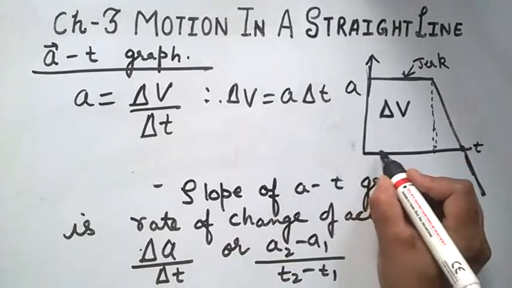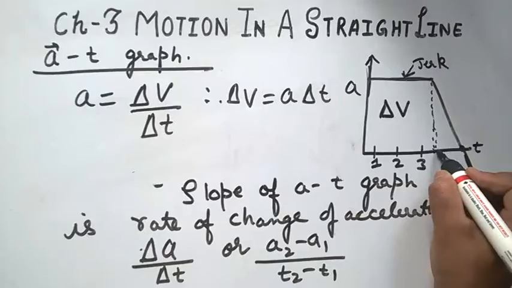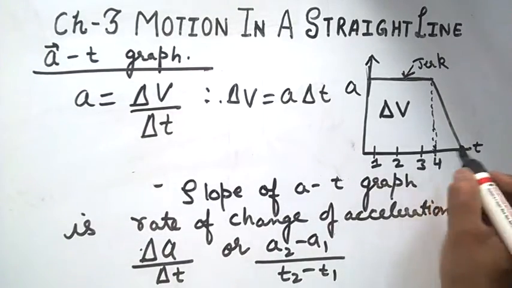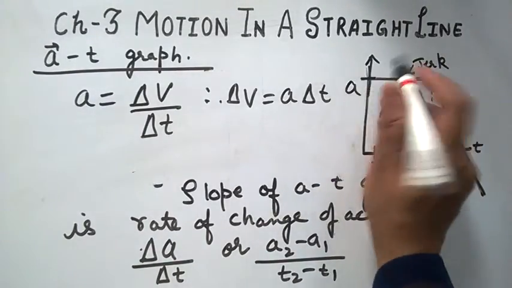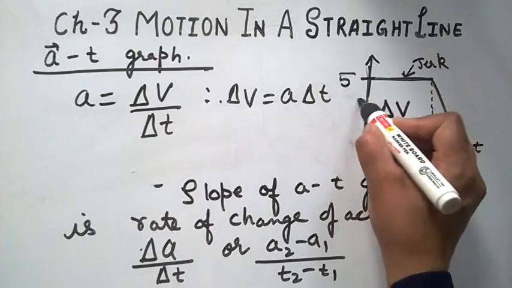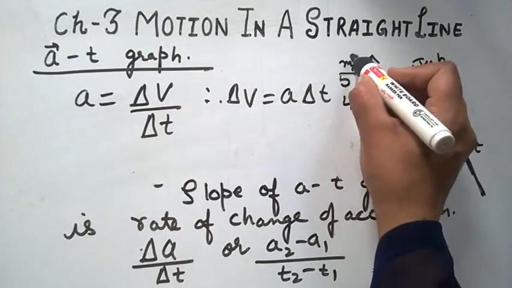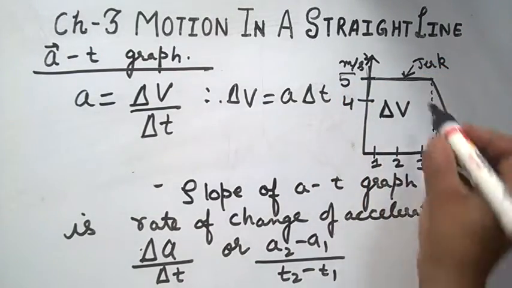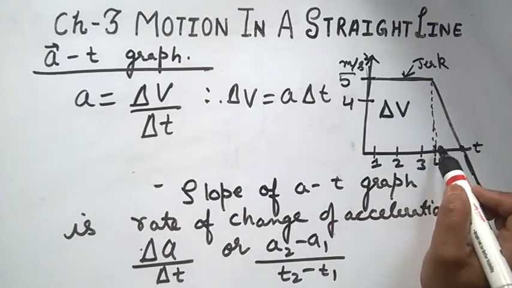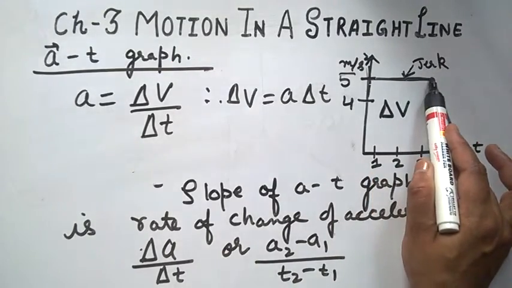Let us suppose here 5 meter per second square. Acceleration is given on the y-axis. Then at 4 seconds the acceleration is 5 meter per second square.